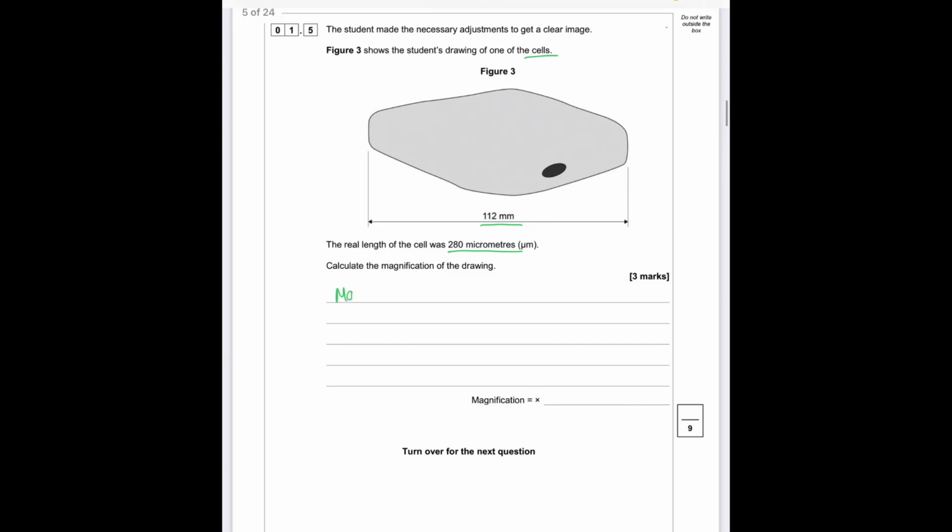So the magnification, I'm going to use our equation, is the size of the image divided by the real size of the image.